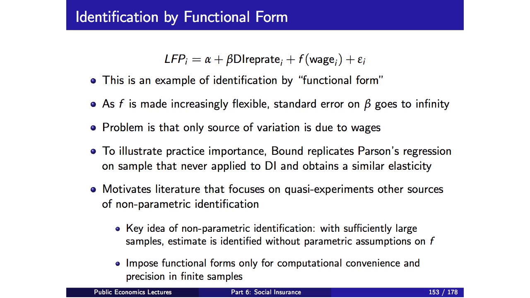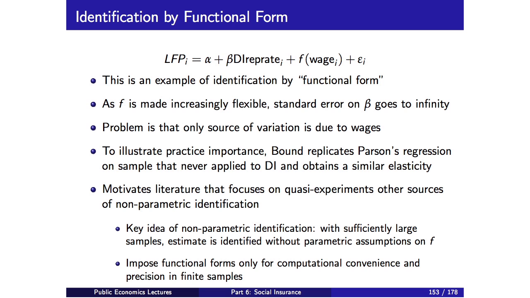And he shows that you get exactly the same elasticity. It's because you're not actually picking up the causal effect of the DI replacement rate. You're picking up some nonlinear effect that wages are having on labor force participation, right? So that motivates the literature that we've been talking about that was developed over the 90s and the 2000s that focuses on quasi-experiments or other sources of non-parametric identification.